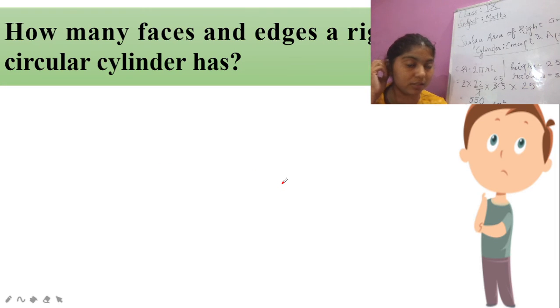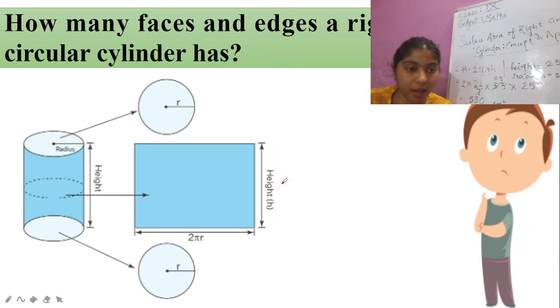Okay, now students, do you know how many faces or edges a right circular cylinder has? If I have a right circular cylinder, how many faces are there, and edges? So faces, let's see. You can see students, we have 3, because first we require a rectangular piece, right? Along with that we require 2 circles.